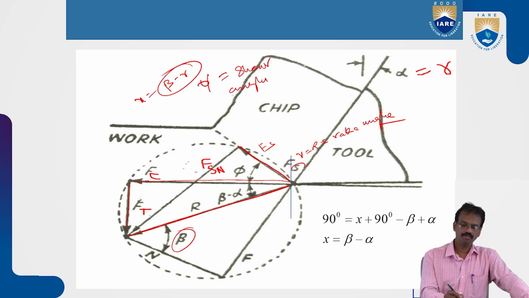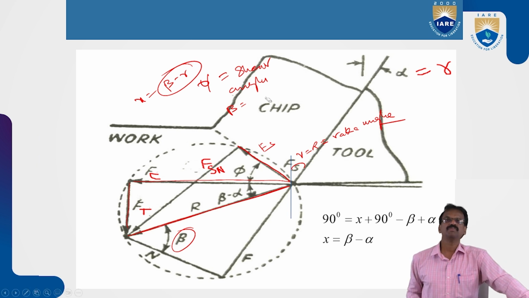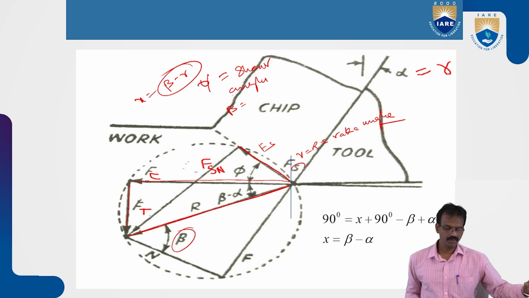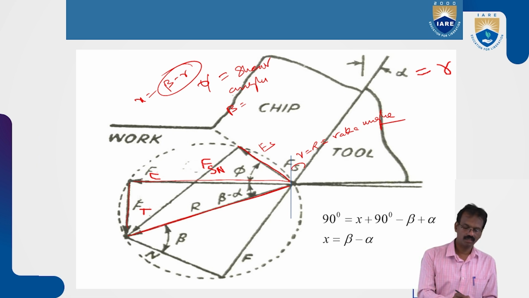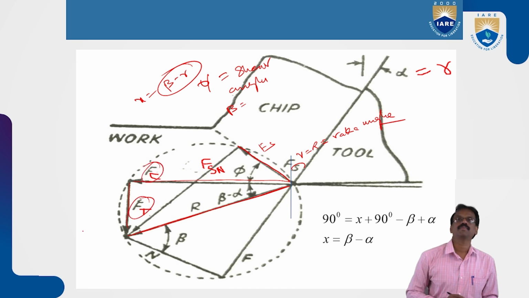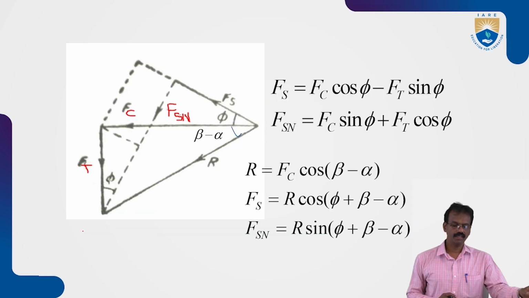Beta is the angle of friction, related to the coefficient of friction. So these are the different angles. By using these angles, we can find the formulas also. First, we'll take the triangle related to Fc and Ft.